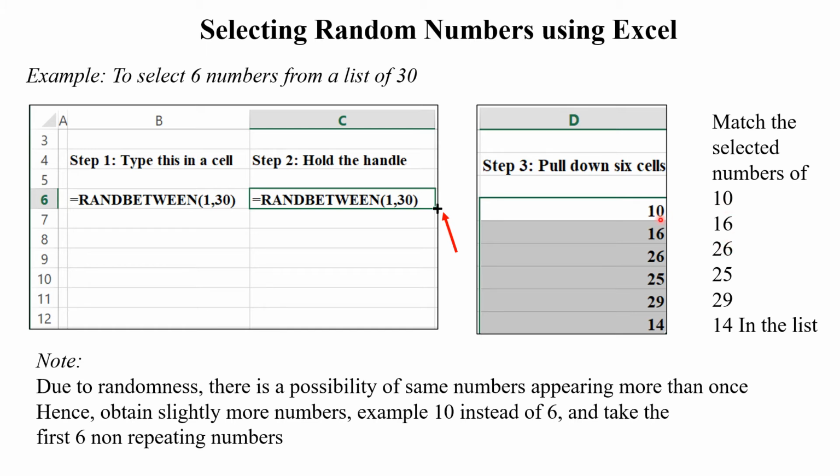So normally we generate a bit more, let's say 10, and take the first 6 non-repetitive numbers. Alright, so that is simple random sampling. We have the list, we decide how many we want, and we can use a simple Excel program to create the numbers and match against the list.